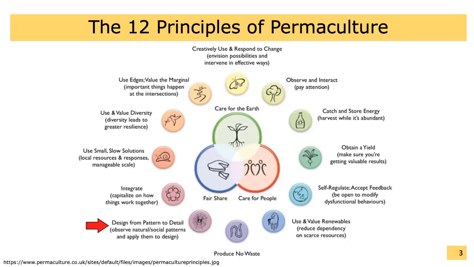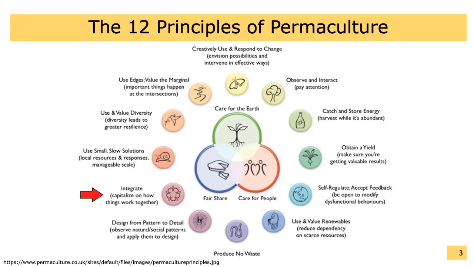Design from patterns to detail. This principle is all about designing various components of a permaculture farm that are in sync with nature. Locations for components such as fruit orchard, vegetable garden, crops, pasture for farm animals, etc., should be selected on the basis of solar, wind, and rainfall patterns as well as topography on your permaculture farm.